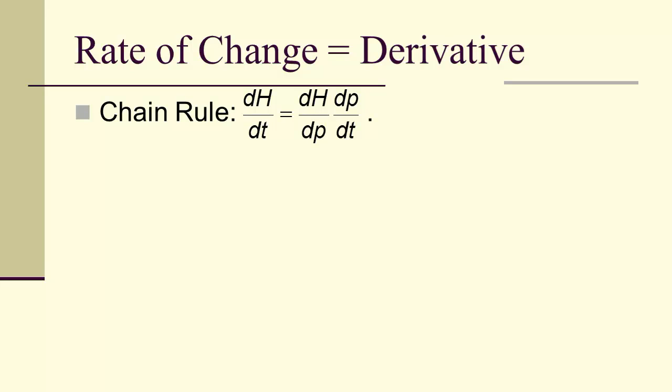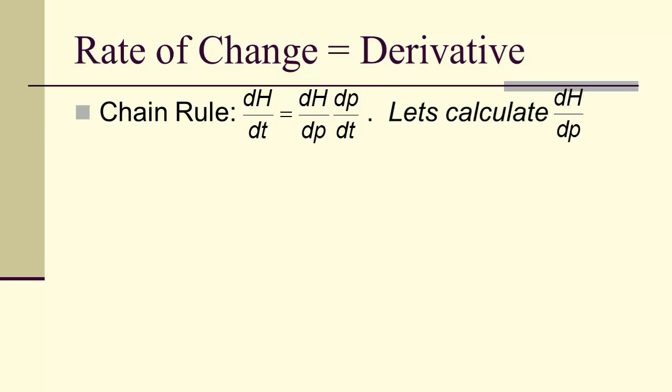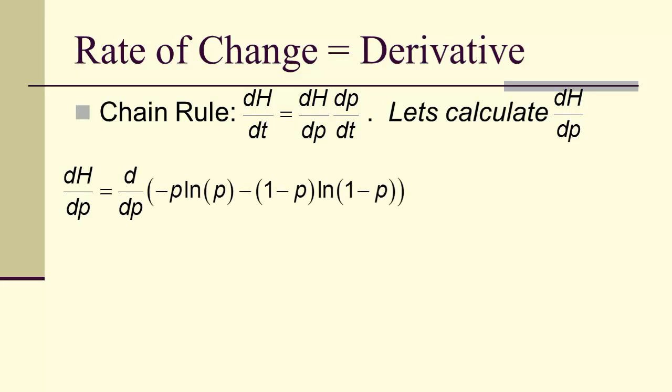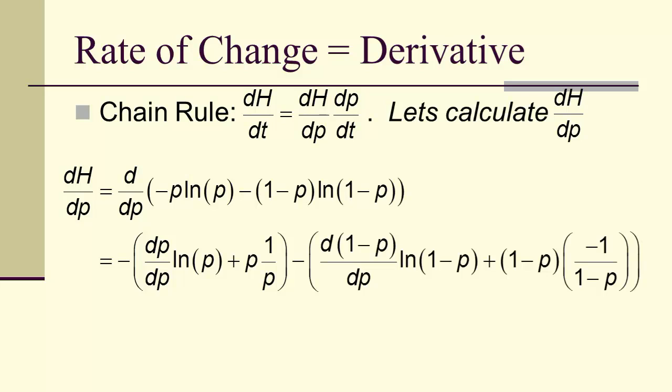So we're going to use the chain rule, and we're going to calculate dH/dp because the chain rule tells us that's really the driving factor in dH/dt. So dH/dp is the derivative of this two outcome entropy. We get, by the product rule, the derivative of the first, and the product rule applied to the second.